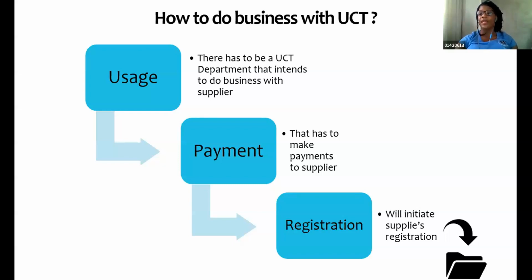There has to be a department using your services, and a department that wants to pay you. That department or faculty has to ask vendor management to facilitate your registration process till the end, till you get a file or a record on our system. Then we can start doing business with UCT. So that's how it works.